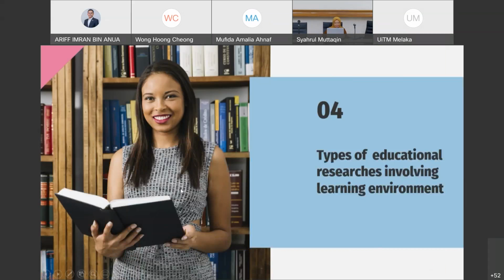Well, distinguished guests, ladies and gentlemen, now we come to types of educational researches involving learning environment. Of course, this one I will give you only a glance, yeah? Since there are a lot more types of educational researches that can be related to the learning environment. So I will only give you a glance. Yeah.